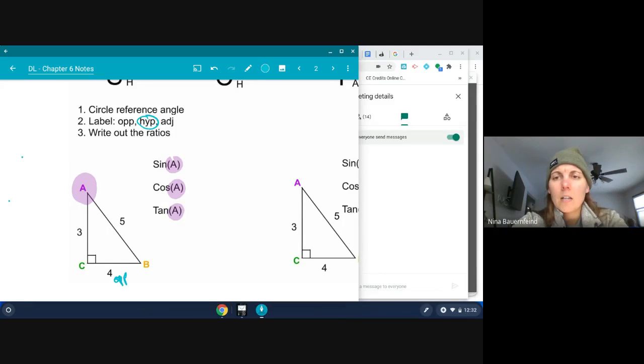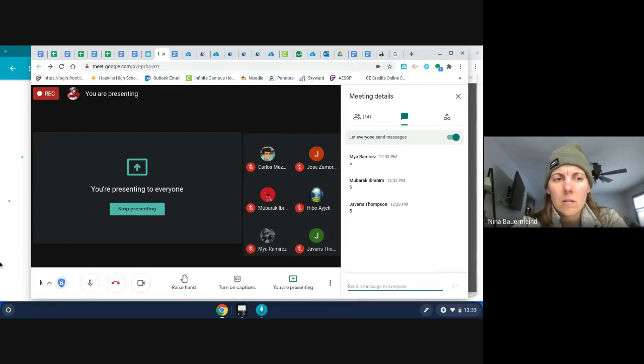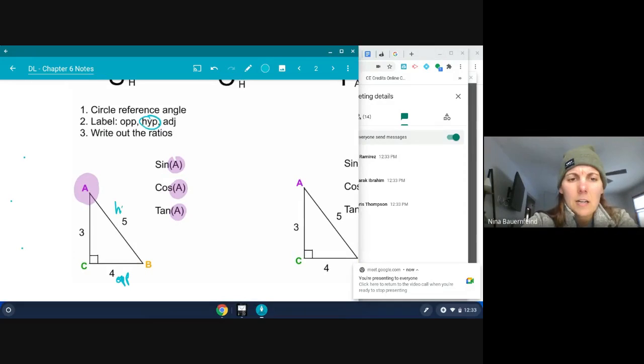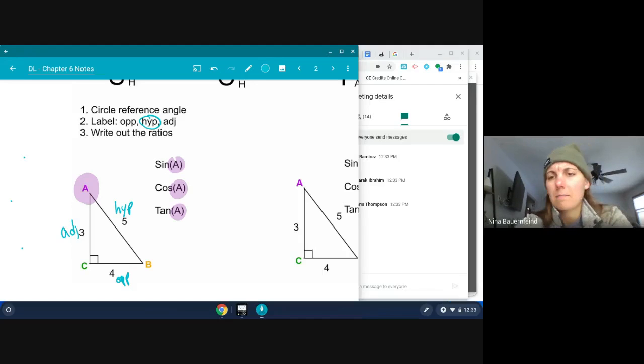All right. Take 3 more seconds, put your answer in the chat. On 3, we're going to hit enter. Ready? 1, 2, 3. Good job, you 3. Yes. This is the hypotenuse. So that means that this must be the adjacent.